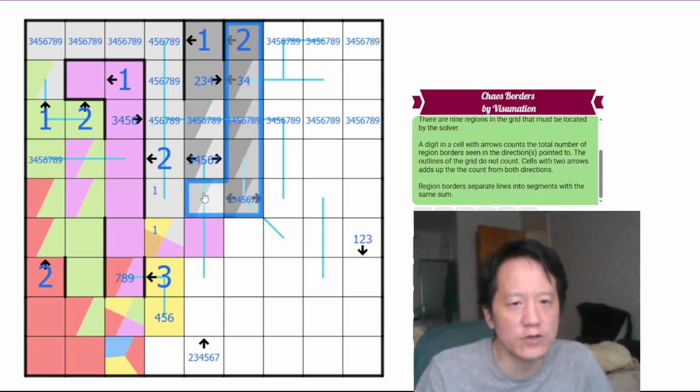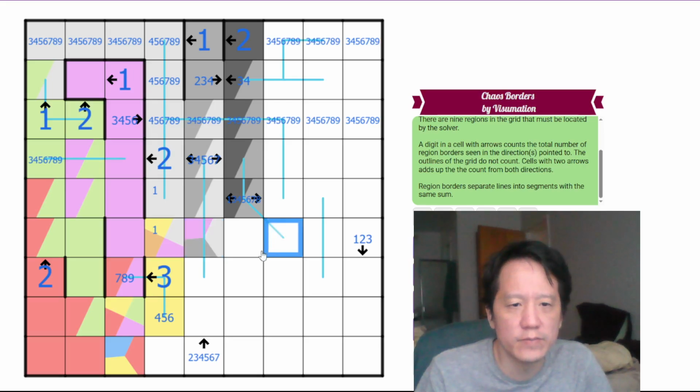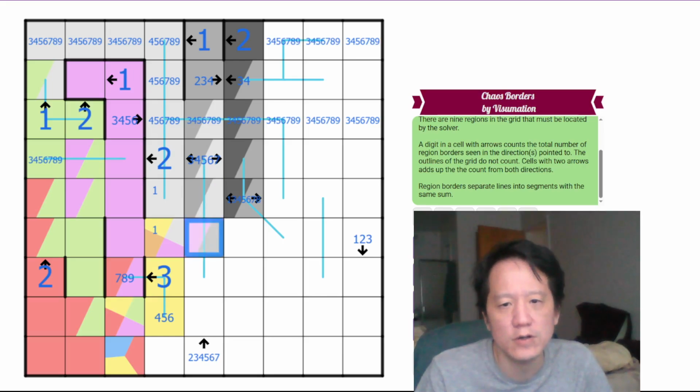The dark can never go here because of, so this could be light, medium. Actually, it can't be light. It can be only medium here. It cannot be dark. It could be yellow, though.